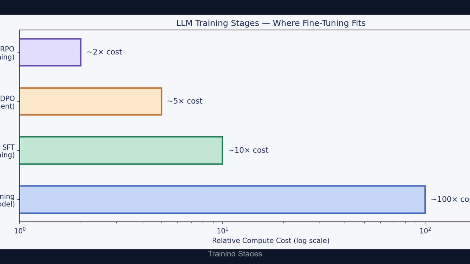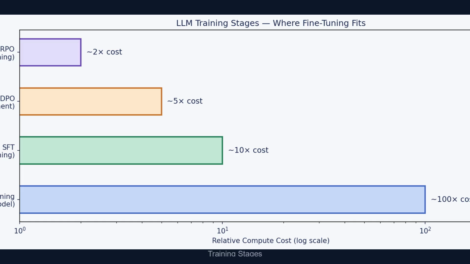Notice the compute costs on this chart. They tell an important story. Pre-training dominates completely, running roughly 100 times the cost of everything that follows. Supervised fine-tuning comes in around 10 times the cost of the later stages. Alignment via RLHF or DPO is about 5 times, and GRPO, the reasoning phase, is roughly 2 times.